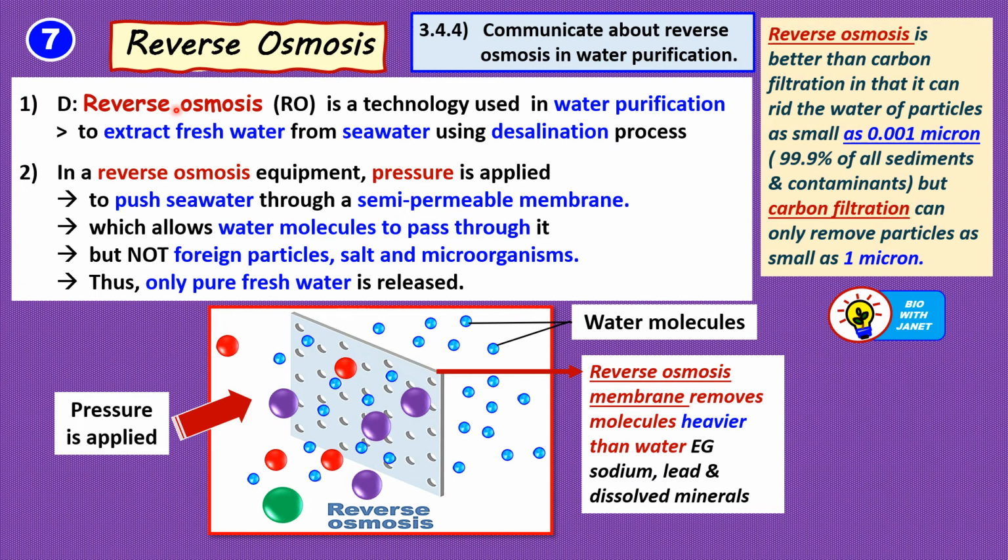Reverse means berbalik, right? So reverse osmosis, RO, is a technology used in water purification to extract fresh water from seawater using the desalination process. Now, desalination means to remove the salt. De means to remove, salination has to do with salt.